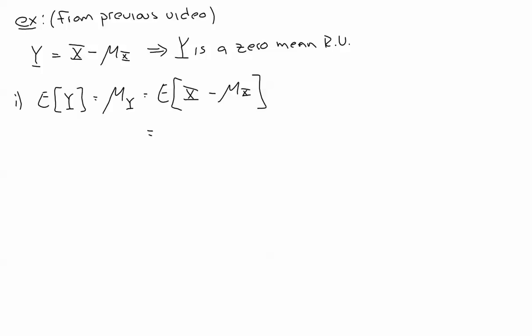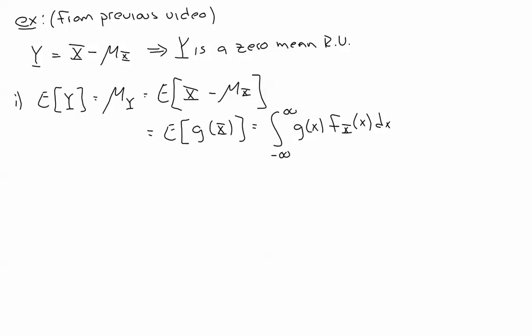And this is the expected value of a function of x, and that can be found by integrating from minus infinity to plus infinity of g of x times the probability density function of x dx.